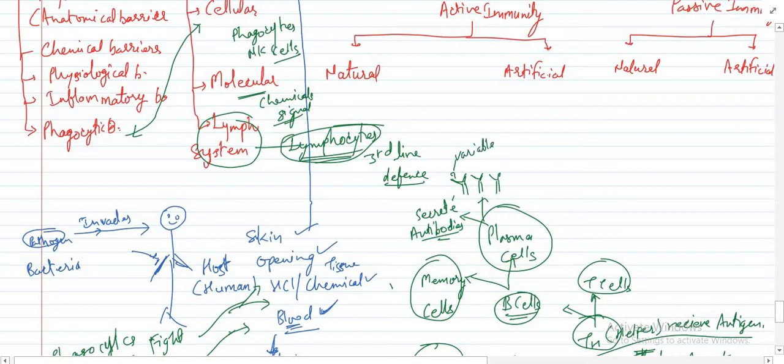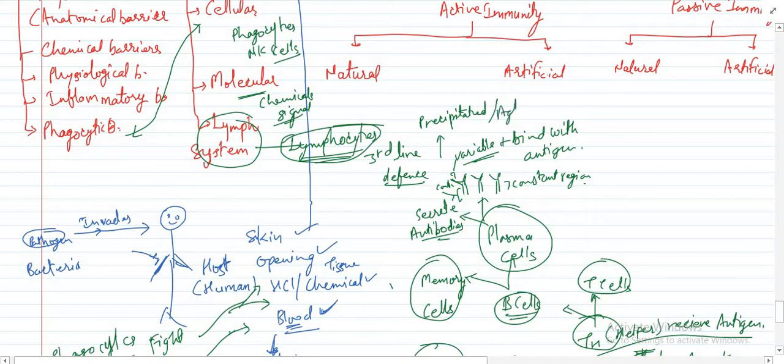It contains a variable region and a constant region. Its variable region binds with antigen, and the antigen will be precipitated or agglutinated.